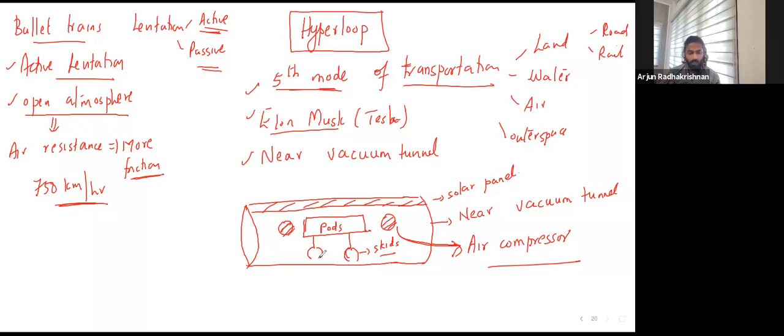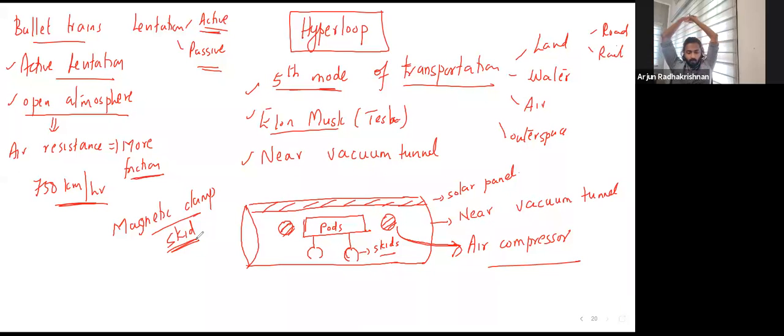Each pod has a magnetic clamp called skid. When the skid is lowered, the train stops.